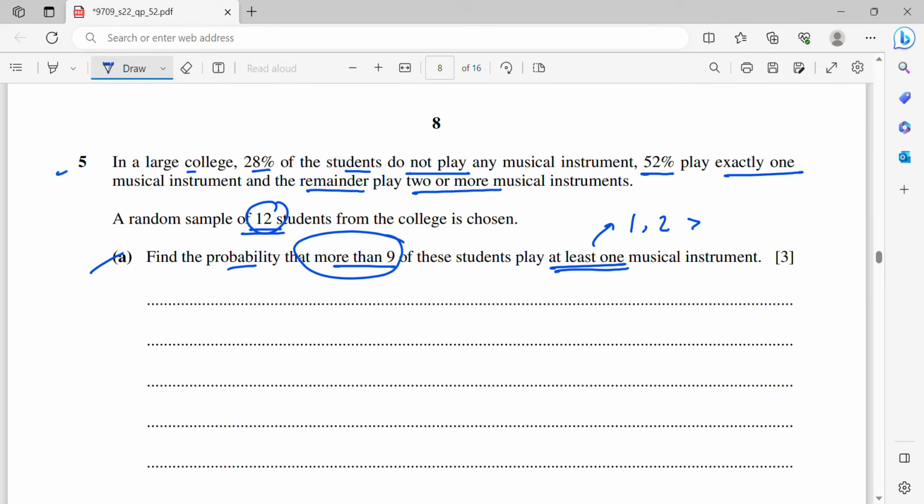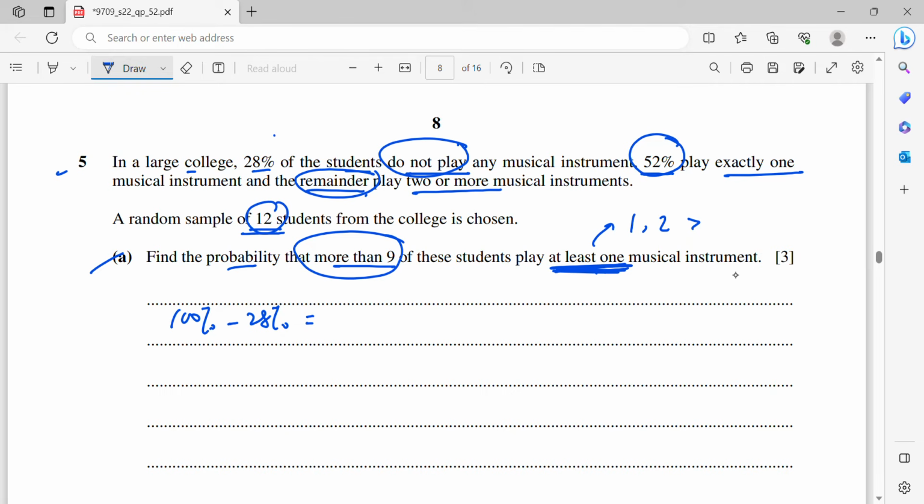Okay, so from here, I need to find the probability of playing at least one instrument. It will be 52% plus the remainder, but the easiest way to get at least one is 100% minus those who do not play. That is the shortcut.